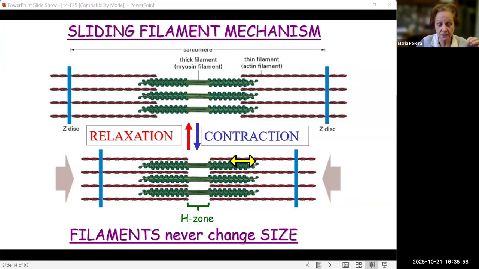You see here in this slide, it's very clear that the size of the thin and thick filaments don't change. What happens is that they slide upon each other, bringing the two sarcomeres closer to each other. So the myofilaments never change in size.